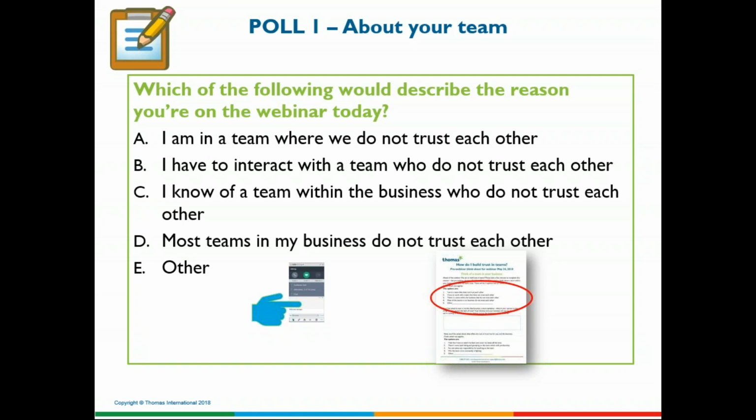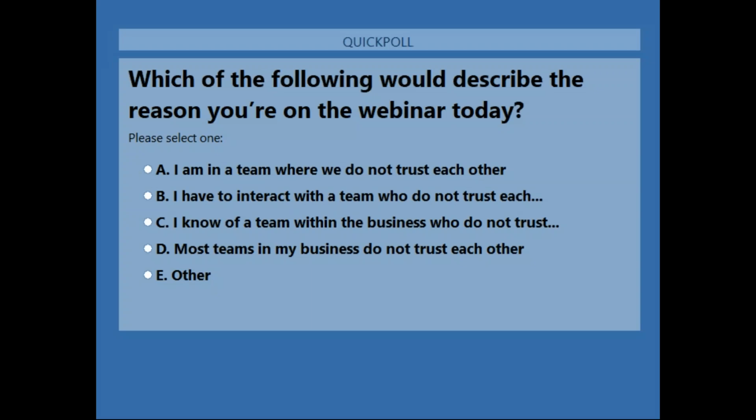Okay, let's show the poll. So if you want to vote in the poll that you see in front of you. And I'm watching how many of you have voted. 50% of you have voted so far. Excellent, thank you. So we're at about almost 70%, so I'll give you another 10 seconds or so to get your votes in.